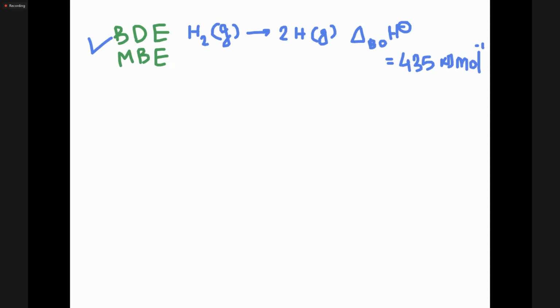So we have got the thermochemical equation, because the reaction H2 gas to 2H is balanced, and we have got the delta BDH minus as 435 kilojoule per mole. So the enthalpy change involved in this process is the bond dissociation enthalpy of the HH bond.